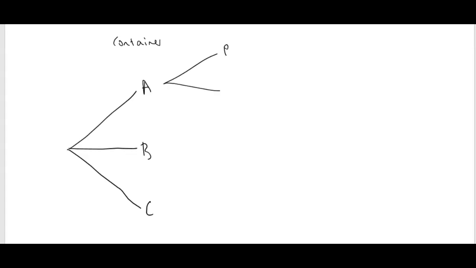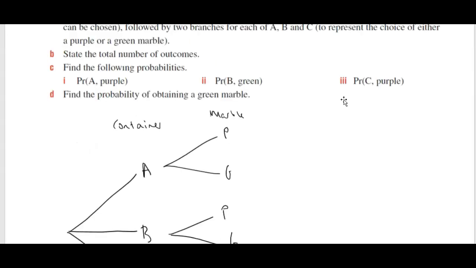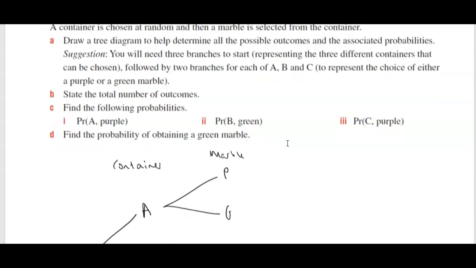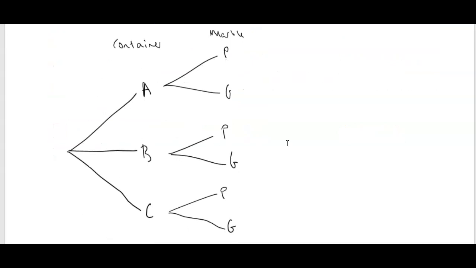So we can have purple or green. Getting the container, there's 3, so the probability is the same. So it's 1/3 for each.